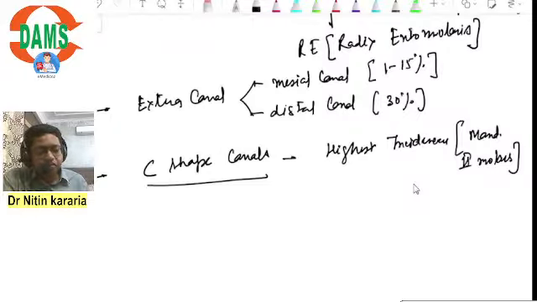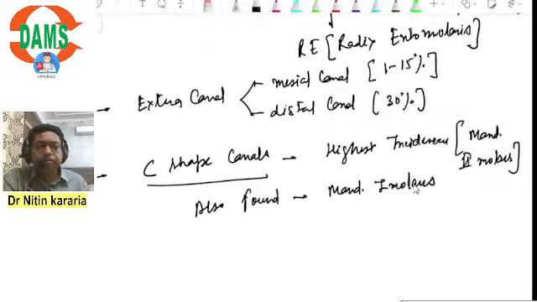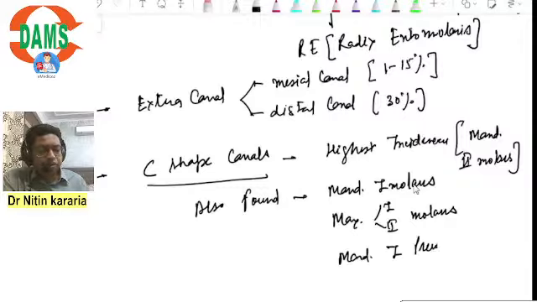These C-shaped canals are also found with other groups of teeth like mandibular first molars, maxillary first and second molars, and mandibular first premolar.